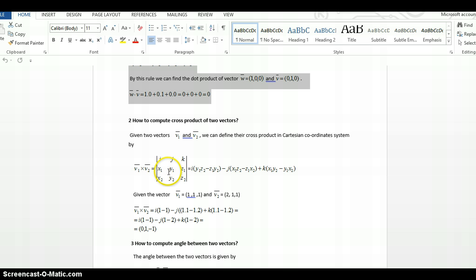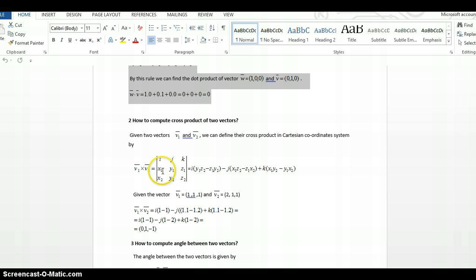is this. We see that vector v1 is represented on the first row, and vector v2 on the second row.